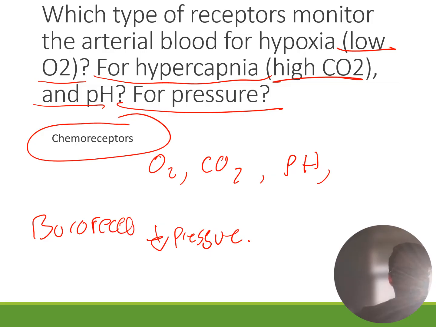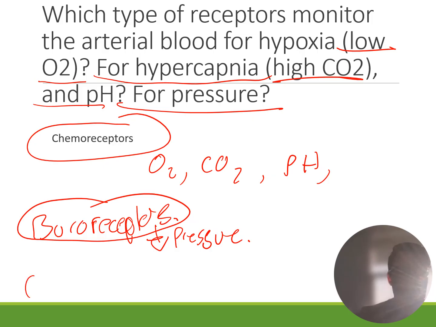Remember that flow equals pressure over resistance. If we have a decrease in pressure, we're decreasing flow proportionally. So let's talk about specific baroreceptors that are within vessels themselves, the carotid baroreceptors.